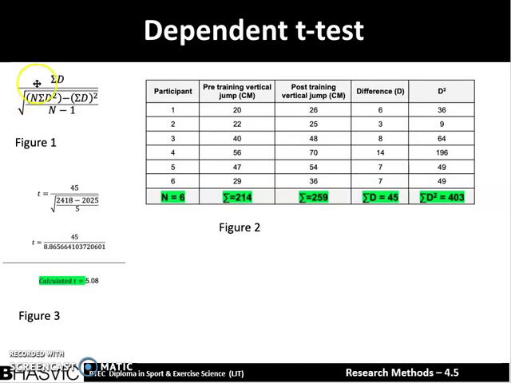Figure 1 shows the sum of D divided by the square root of n times the sum of d squared minus the sum of d squared divided by n minus 1.